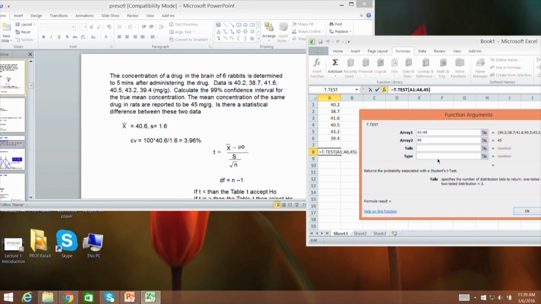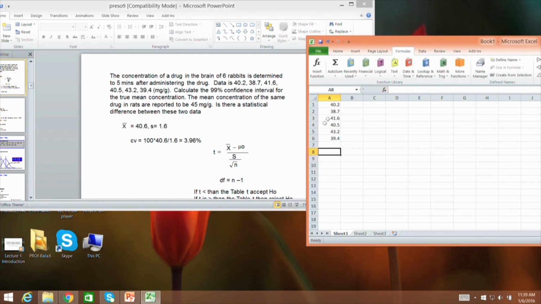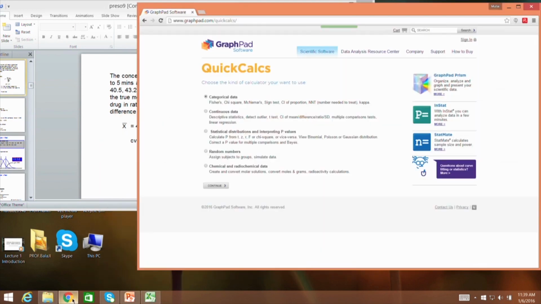We give a two-tailed test, and then here we give a paired or two sample t-test. Of course, unfortunately we cannot do this type of calculation in Excel, but we can use other software.